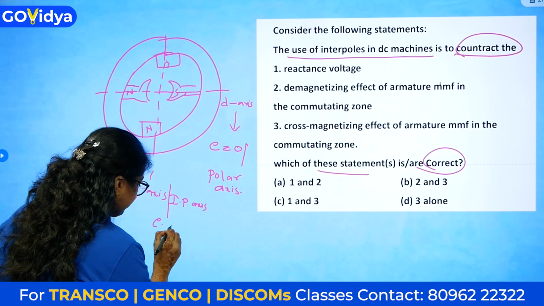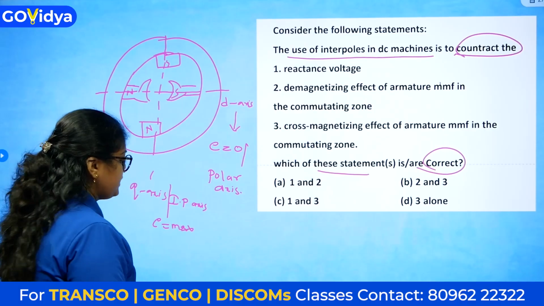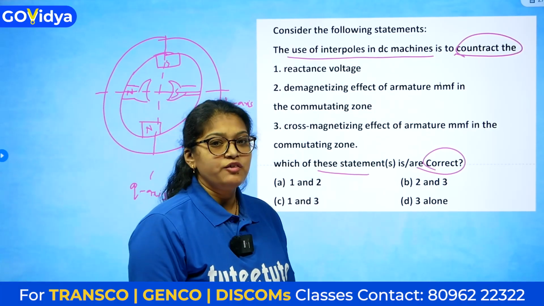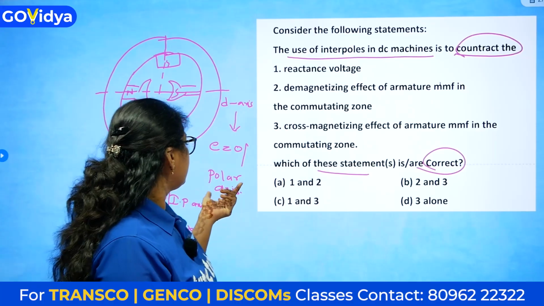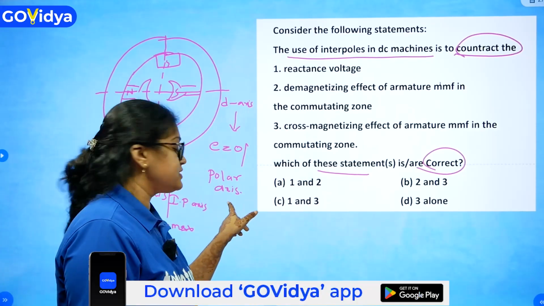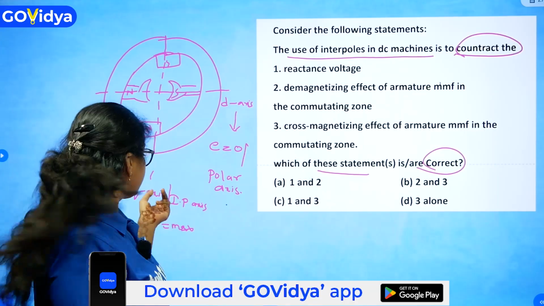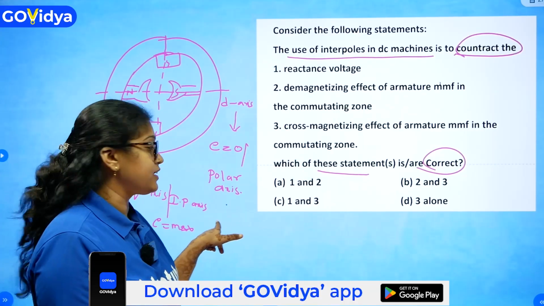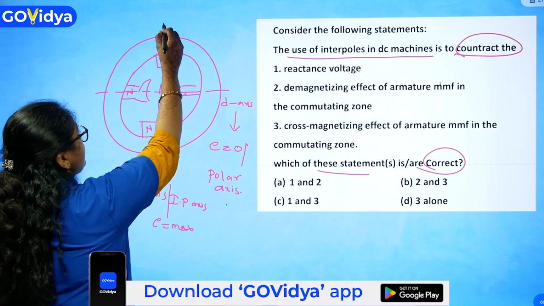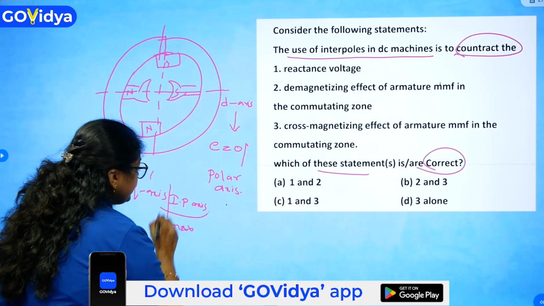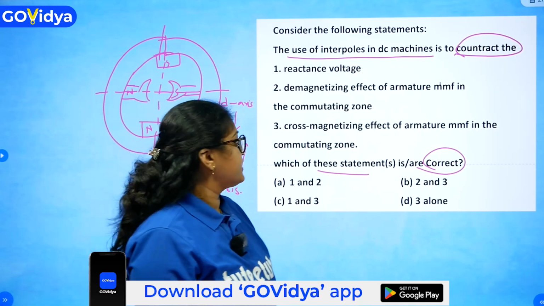So here the EMF will be maximum. Whenever the EMF is 0, we say that as a D axis or the polar axis, and whenever the EMF is maximum, we say it as Q axis or interpolar axis. Coming to this, interpoles are located along the interpolar axis or the Q axis.